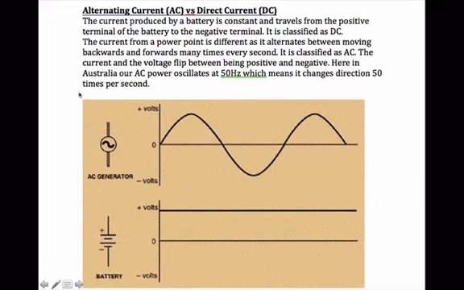Finally, alternating current in comparison with DC, direct current. Coming out of the power points in your home, you have alternating current. What that means is that the voltage is oscillating between a positive value and a negative value. Oscillating means switching, flip-flopping, toggling, whatever you want to say.